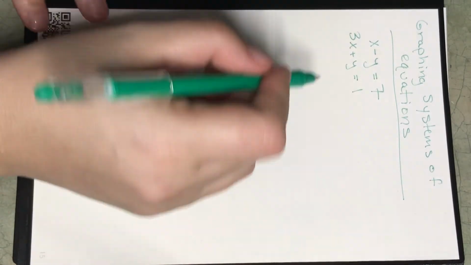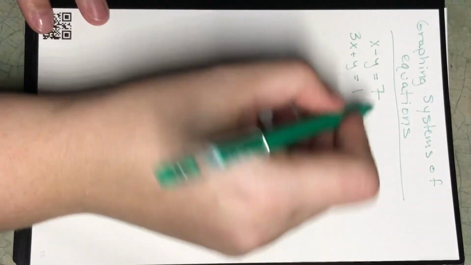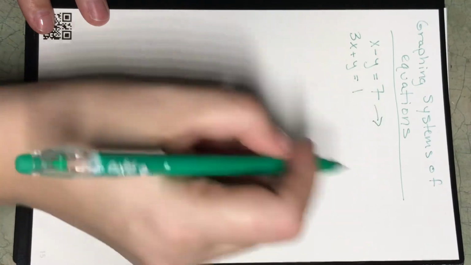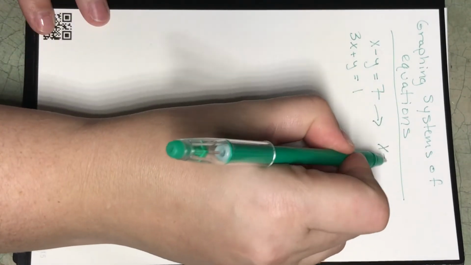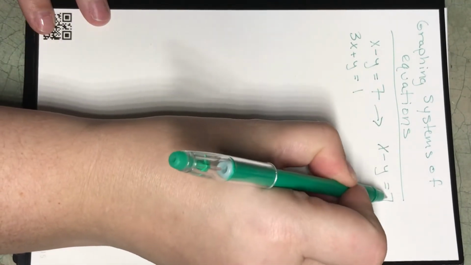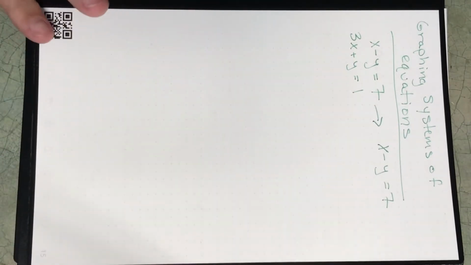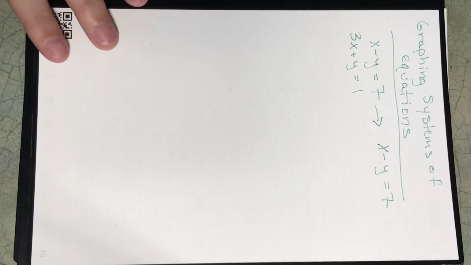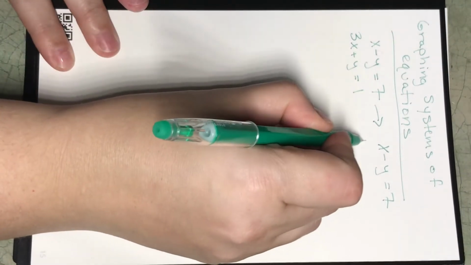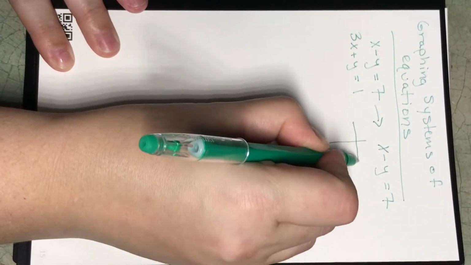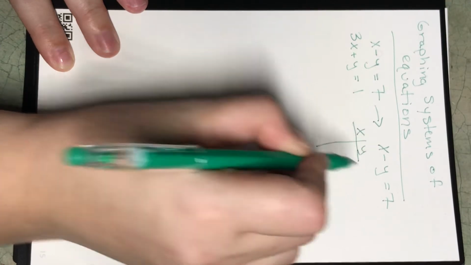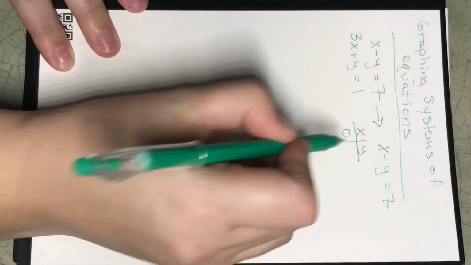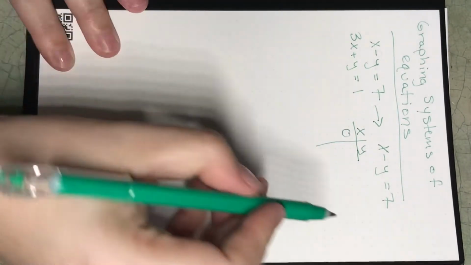So I'm just going to look at one equation at a time. So this first one, x minus y equals 7. I could graph this in two ways. One way, I can make a table and I could substitute 0 in for x.